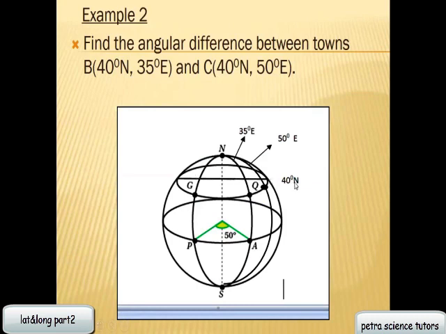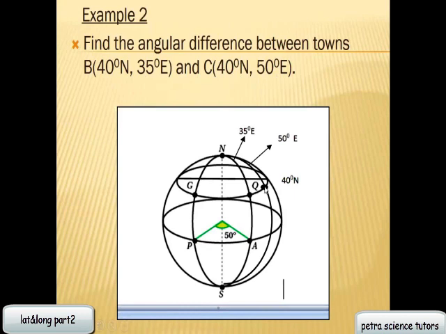You see, this is 40 degrees north. This one is the equator circle, and this is the latitude 40 degrees north circle. B is on latitude 40 degrees north, and C is also on 40 degrees north, but they are on different longitudes.